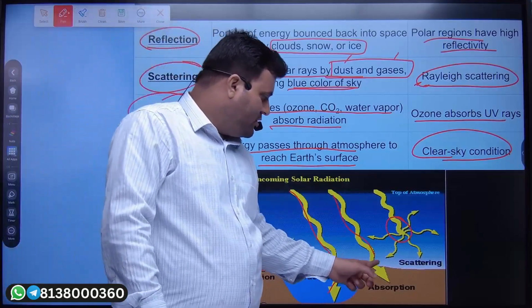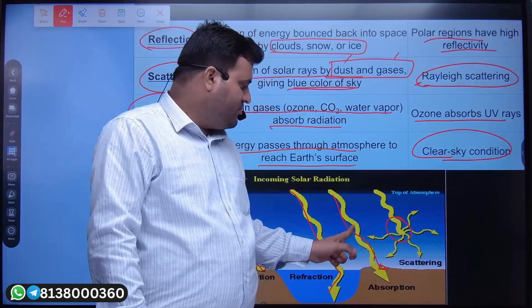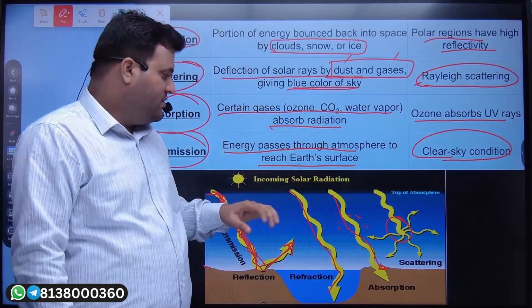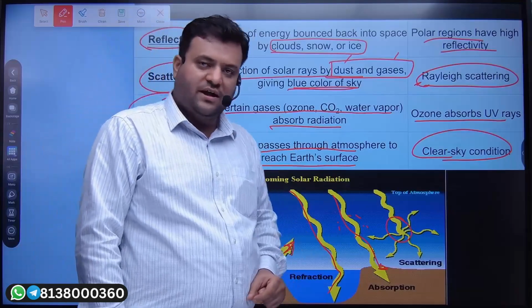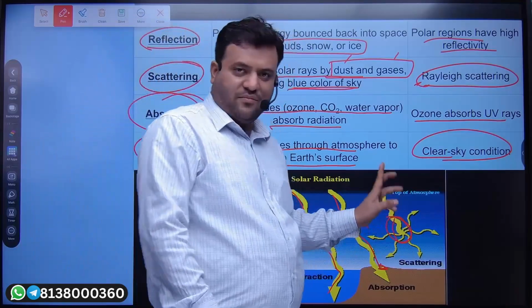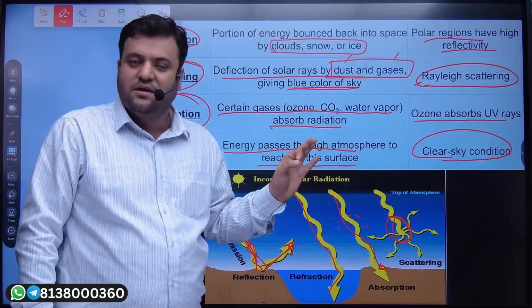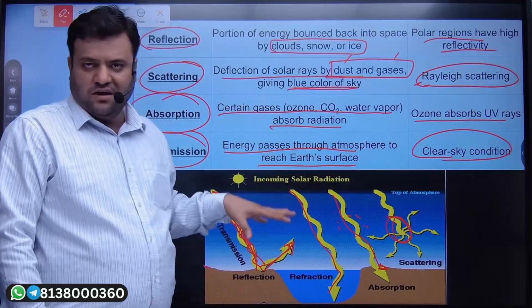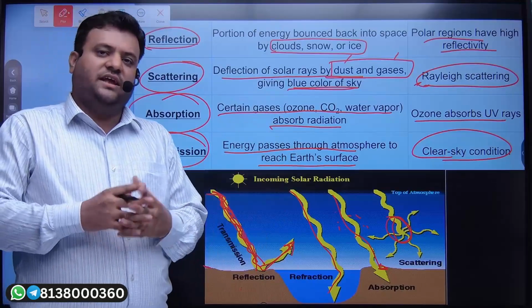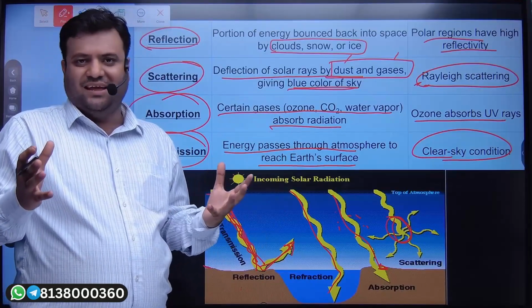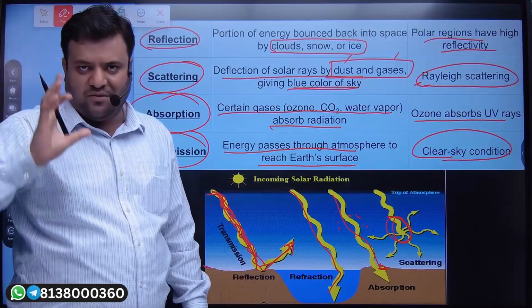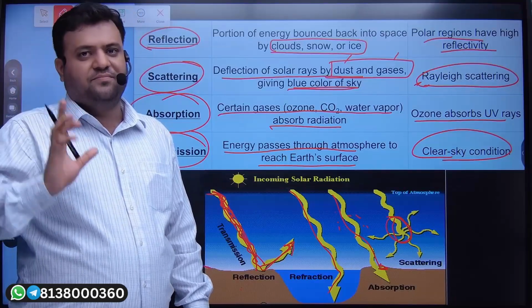Then we could have absorption by the surface, and certain gases in the atmosphere absorb this incoming solar radiation, and we could have scattering because of the solid particles present in the atmosphere. So it's because of these processes that we have heating, specifically heating at the earth's surface, and so many phenomena in our atmosphere.